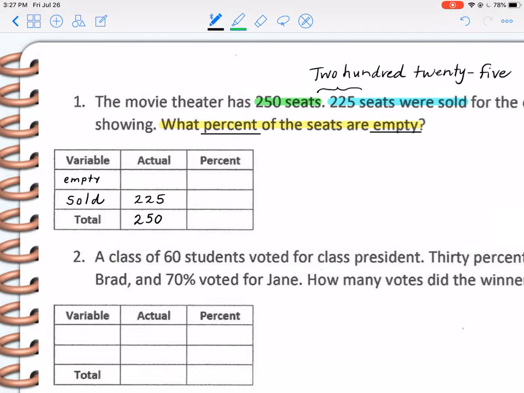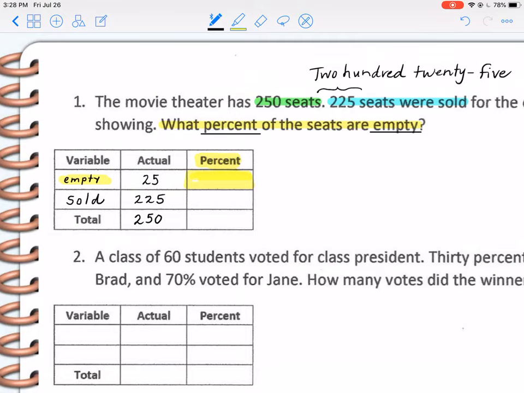Well, I could take the total, 250, minus 225, and that would leave me with 25 seats that were actually empty. But the question says what percent of the seats are empty. So the answer that I'm trying to find would actually be whatever goes right here, because we're looking at percent empty. So whatever this number is will be our answer.